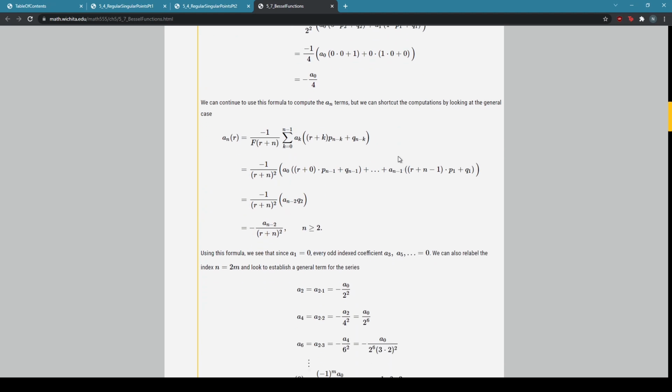Now, as it turns out, this is simple enough that we can come up with a general formula. All of the even coefficients are going to follow this nice form, and the odd coefficients are all going to be 0.